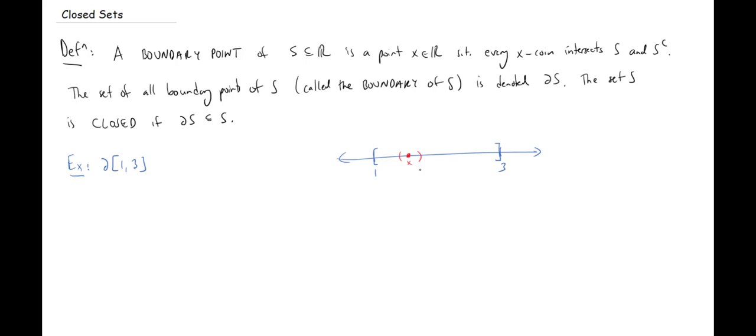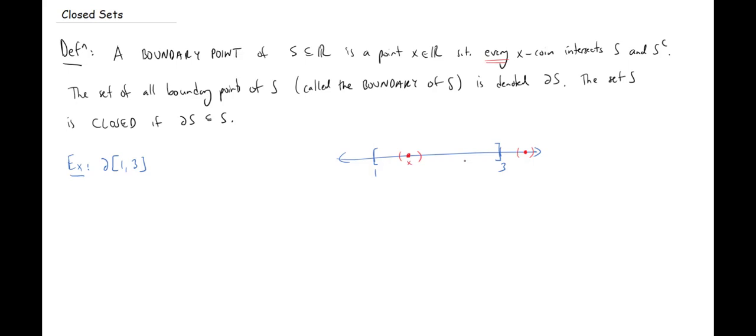Right? Now I could have made it much bigger so that it did, but the point about boundaries is that every X coin is supposed to have points both inside and outside. So something which is in the interior is not going to be a boundary point. On the other hand, if I take something in the exterior of the set, I can also put a coin around it that now it has points outside of the set, but nothing inside of the set.